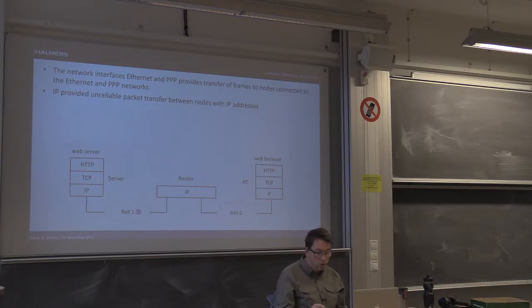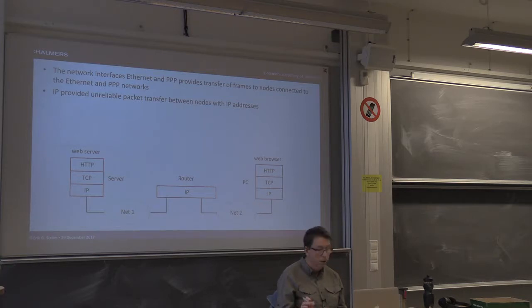So one could see the lower layers here as providing two networks which are able to transmit packets, right? Here we have one network and here we have another, but they provide the same type of service, transfer of packets, or frames actually. So IP provides to TCP or UDP or whatever is on top of it unreliable packet transfer between nodes with IP addresses. And these could be nodes on the same network or on different networks.